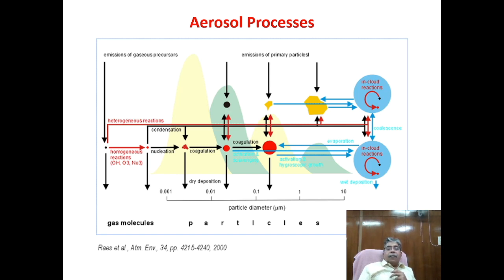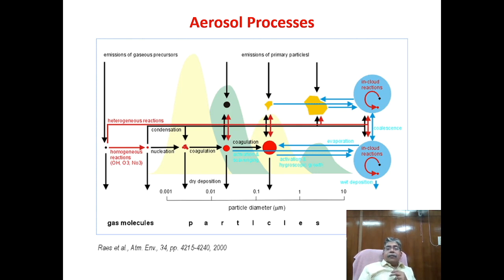And after that, some sticking together of particles takes place, which is called coagulation. This is also a major source of atmospheric aerosols, which in the form of coagulated particles increase the size of the particle in the atmosphere, and they remain there for quite some time.